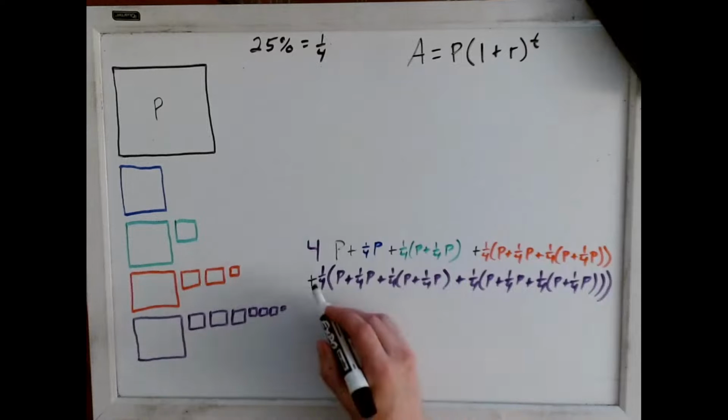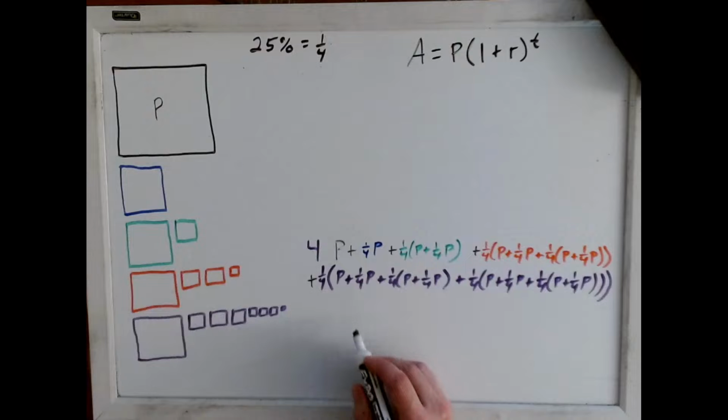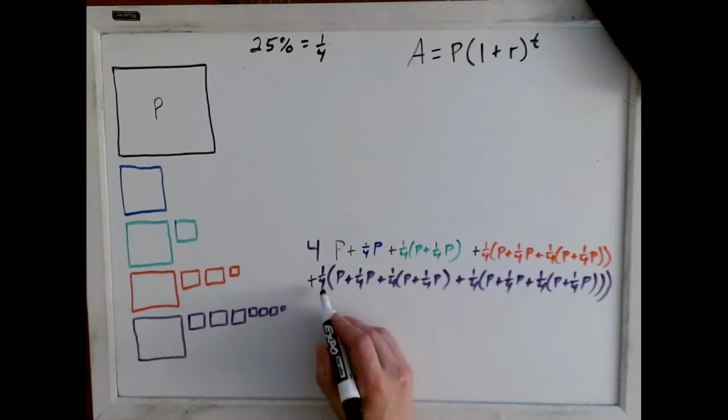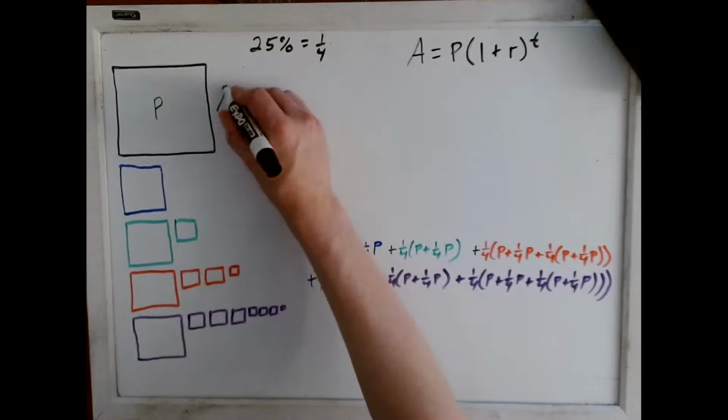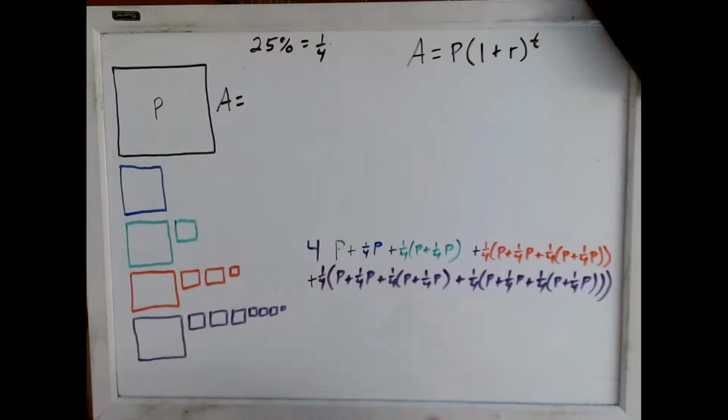So the first thing is, let's expand this expression that we came up with. Let's distribute each of these 1/4s to all of those terms. So let's rewrite it up here.